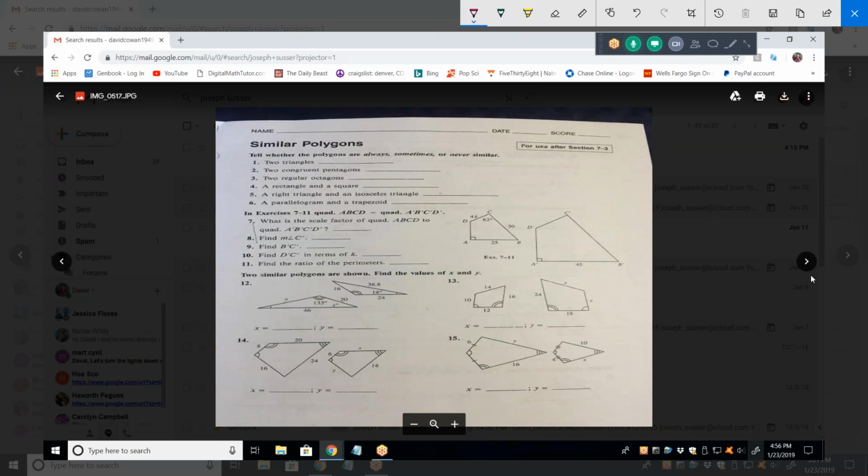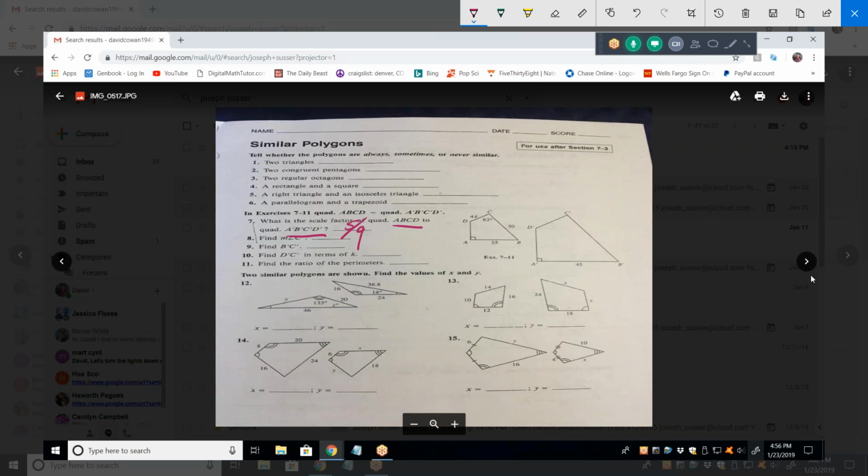Does your teacher like to have the small relative to the large, or the large relative to the small? And I just answered my own question. He says A, B, C, D relative to A prime, B prime, C prime, D prime. So that would be what again? It definitely is 25 over 45, 5 over 9.